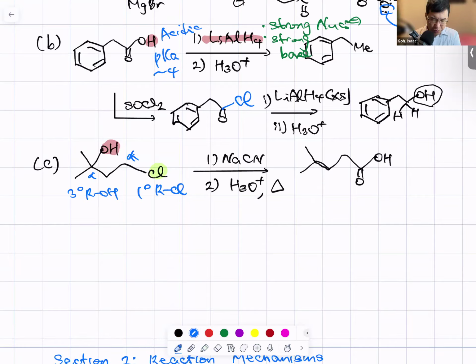Okay, so let's treat this one with sodium cyanide, and cyanide ion is a strong nucleophile, so it attacks this one, and then chloride is leaving. So this is by SN2, making a substitution reaction.